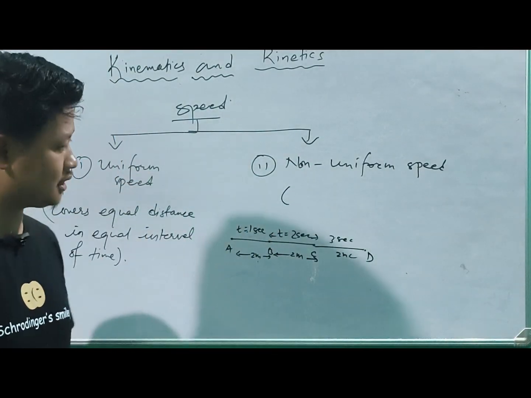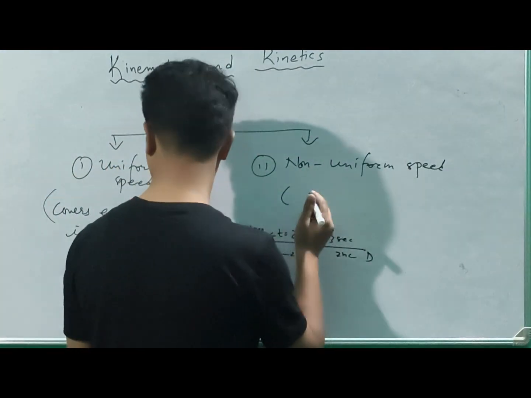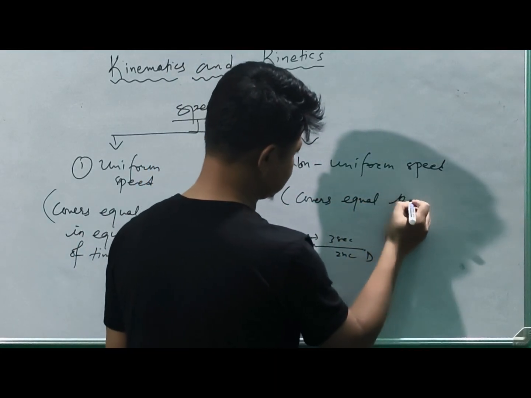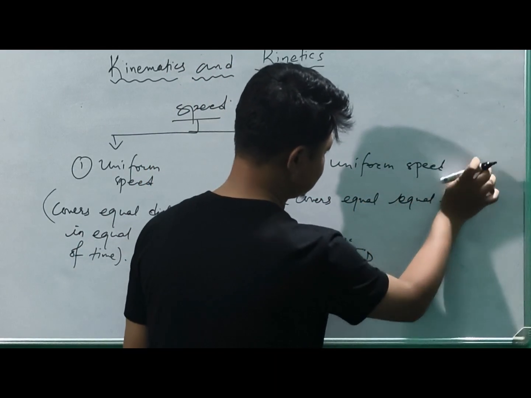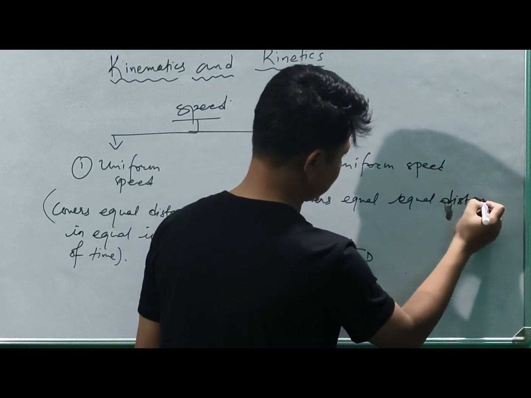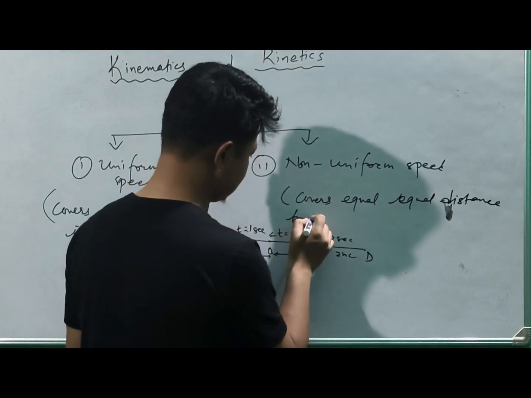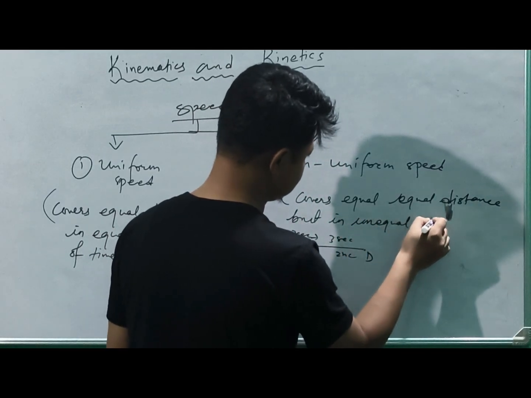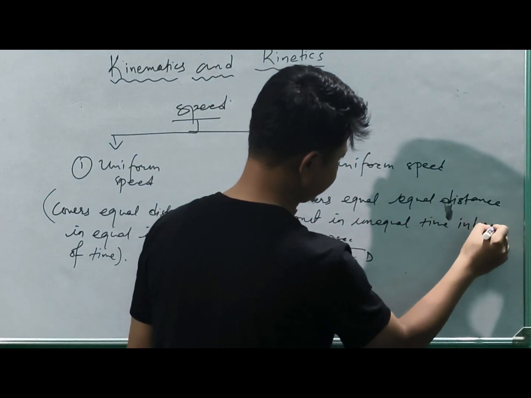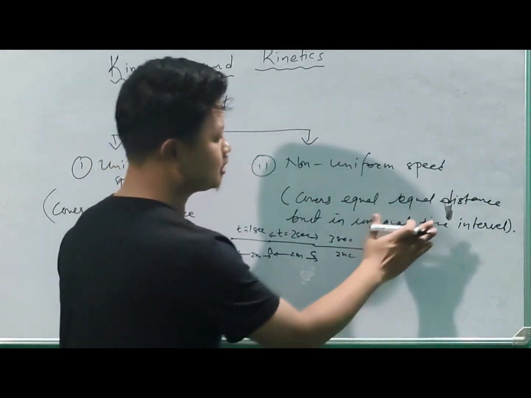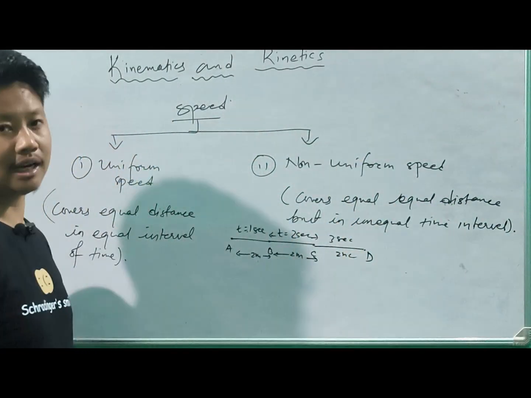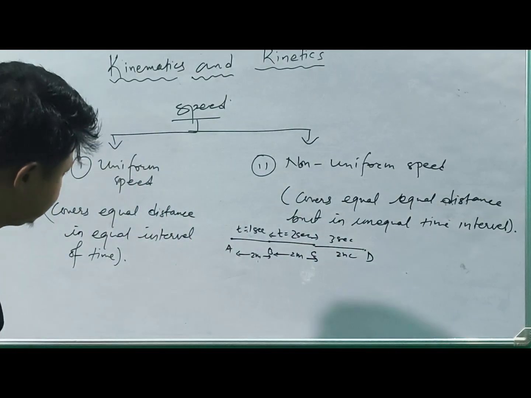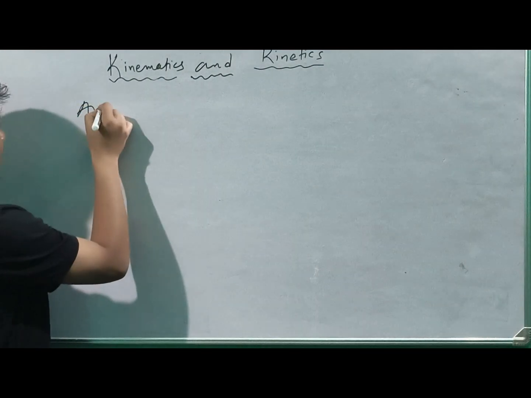So this type of speed is called non-uniform motion. It covers equal distance but in unequal time intervals. Understood? So this is non-uniform motion. Okay, clear? Okay, average speed.